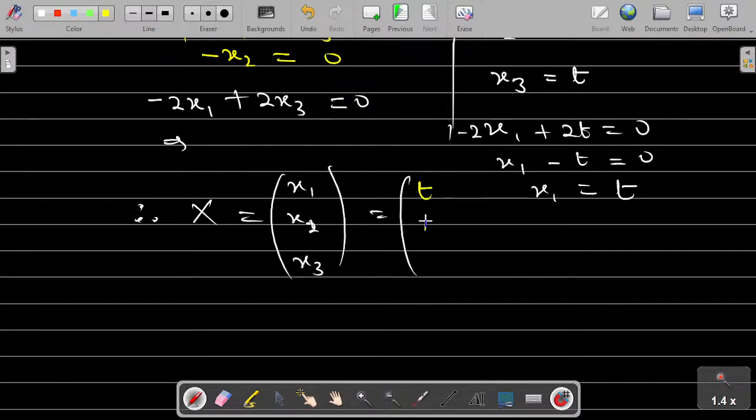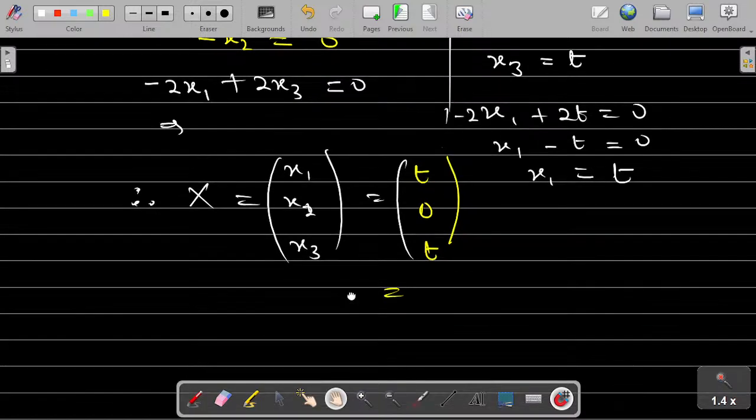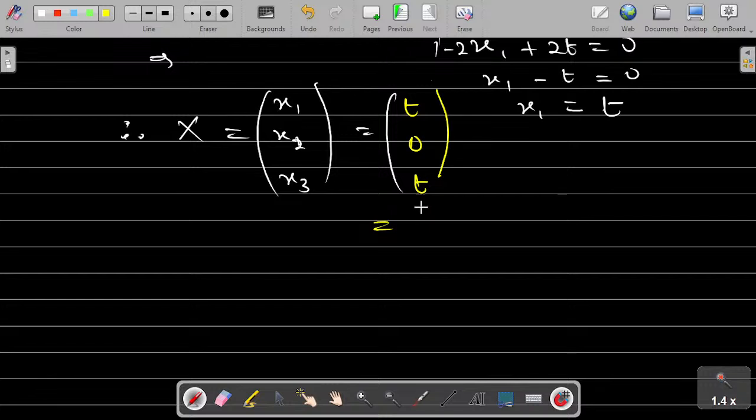What is x2? x2 is 0. What is x3? x3 is t. And you can write that in a factorized form where this is equal to 1, 0, 1, all multiplied by t, where t is a real number.